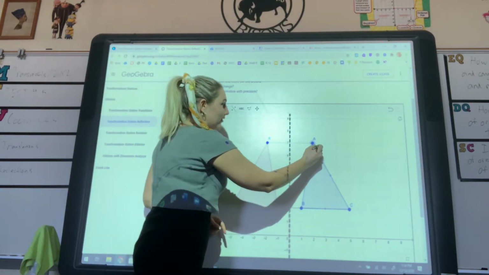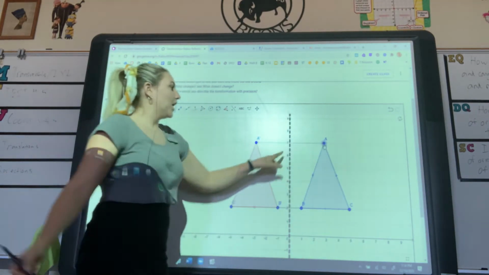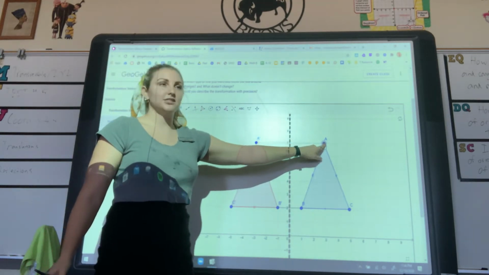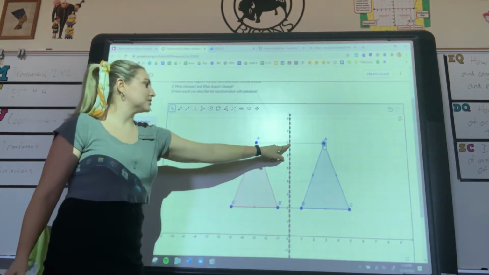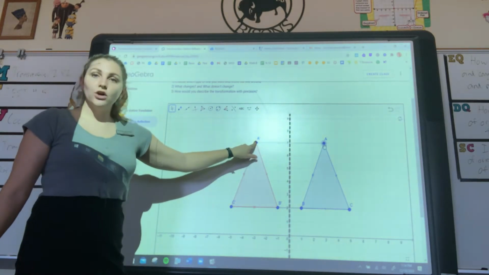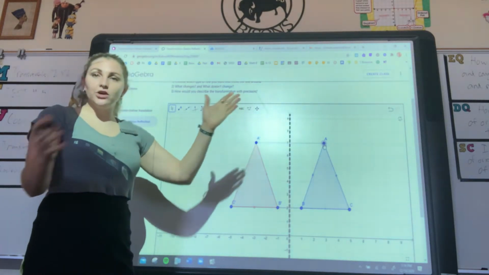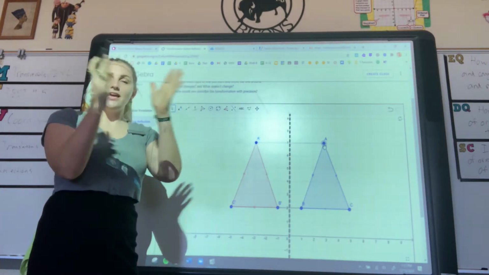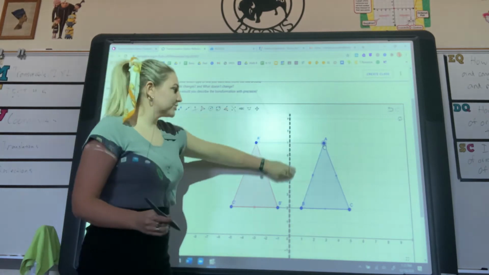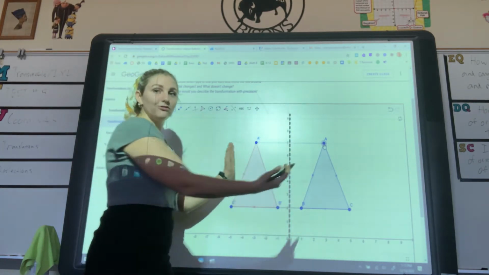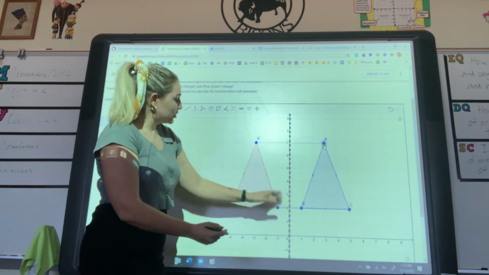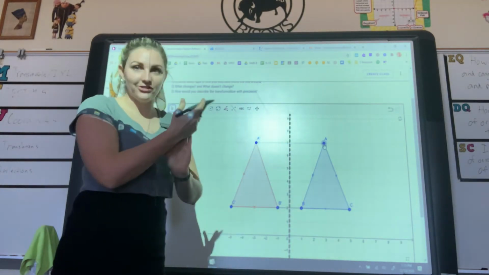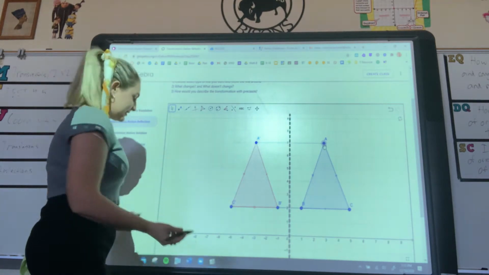But if we move our A over here, A is now 1, 2, 3 away from the y-axis, so A prime also has to be 1, 2, 3 away from the y-axis. I know you can't fold whatever device is in front of you in half, but visualize a piece of paper: if you folded it, these two shapes would be right on top of each other, and that is the goal of a proper reflection over the y-axis.